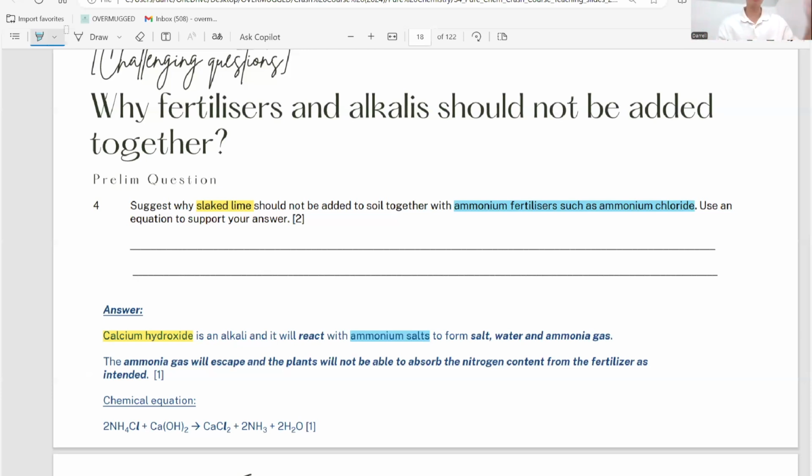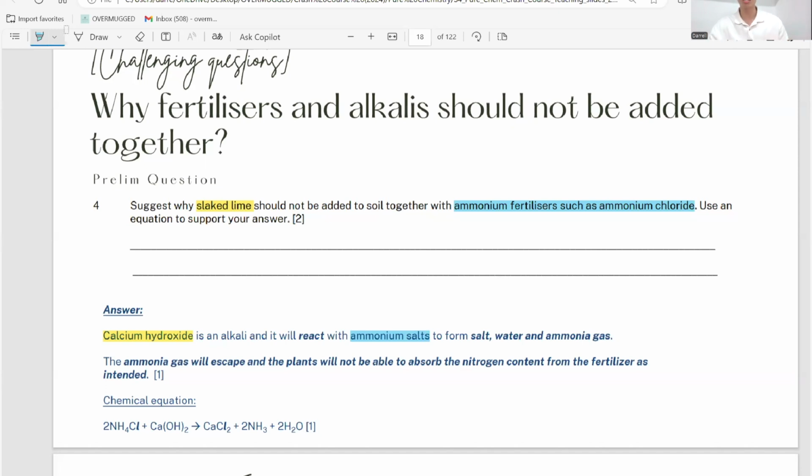So you get better yield for your crops. It's okay to add alkaline, it's okay to add fertilizer, but it is not okay to add both of them at the same time. Why? Because your alkaline will end up reacting with your fertilizer. And let's see the aftermath of what happens then. If calcium hydroxide reacts with your ammonium salt, it will form salt, water, and ammonia gas.